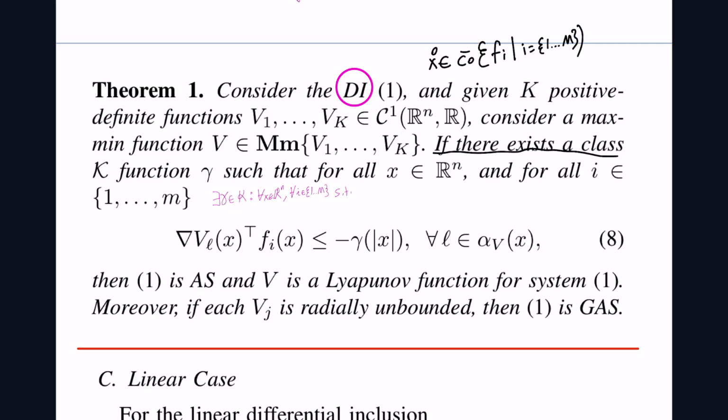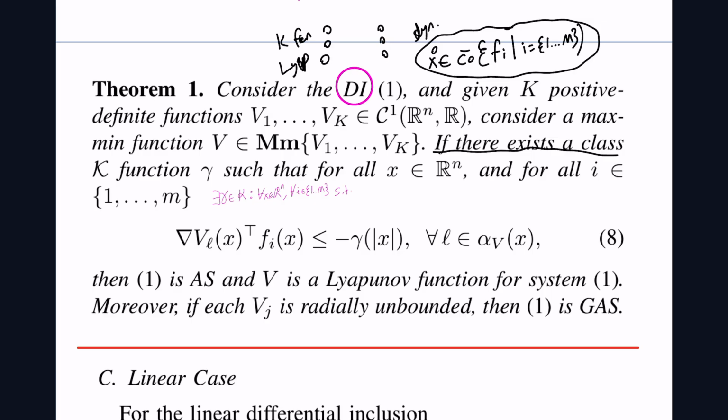All right, so we have m functions coming from, let's say, dynamics, and then we have k functions coming from the Lyapunov function structure.